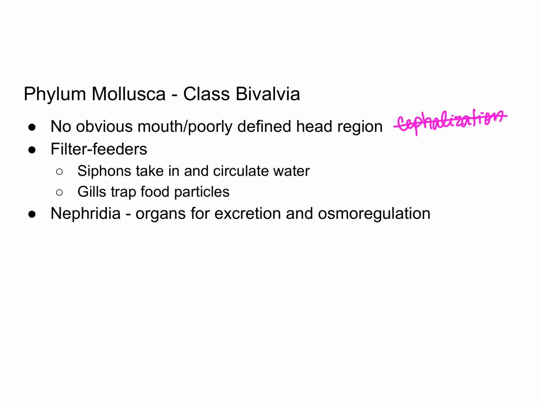Bivalves are filter feeders, so they are able to take in water and circulate it around and within themselves. And then they have gills that trap food particles. They also have organs known as nephridia, and these are kind of like a rudimentary kidney. So it's not a real kidney, but it acts like a kidney.